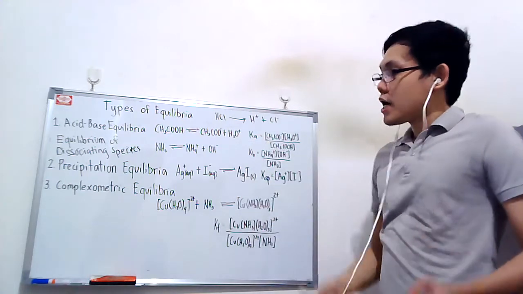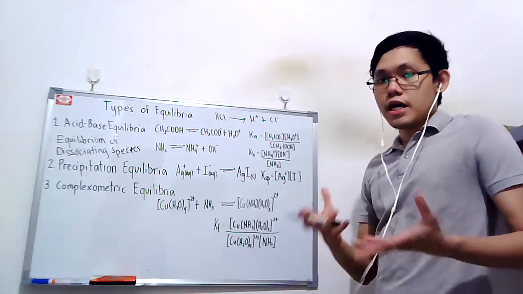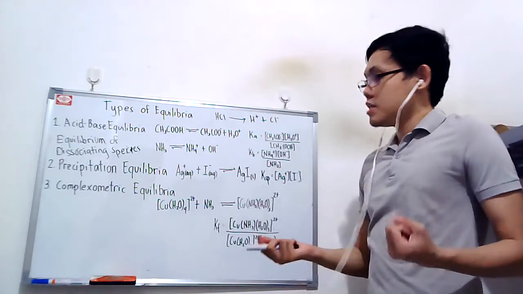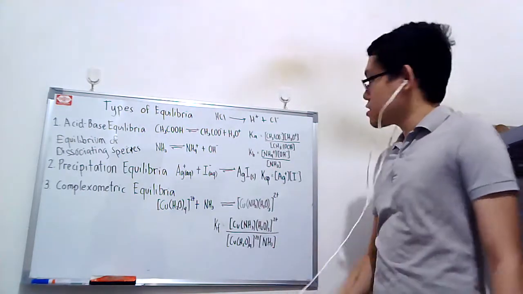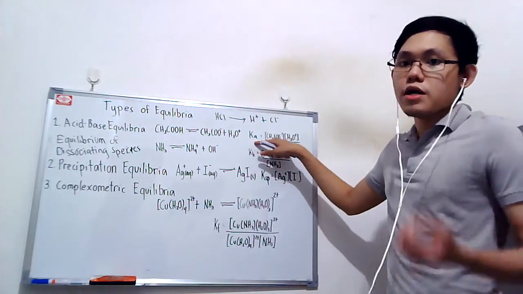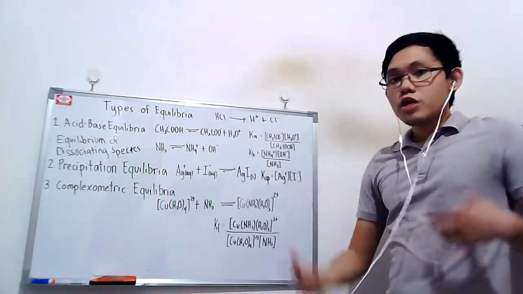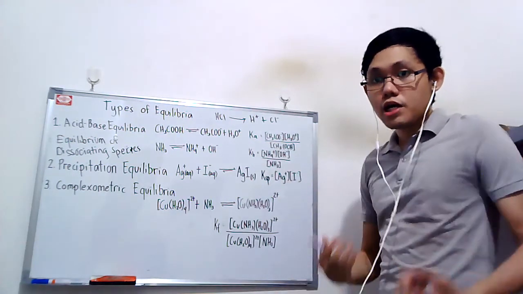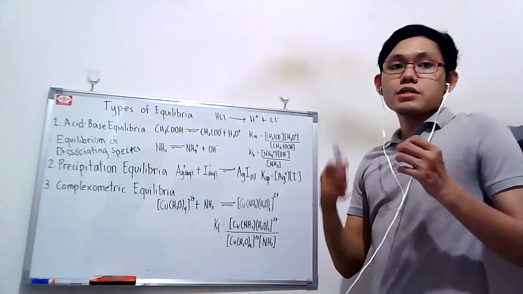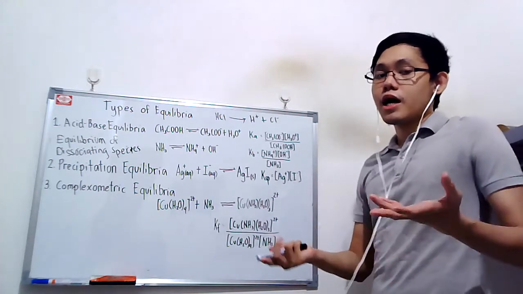Now, in this scenario, you have a constant which establishes the equilibrium between these species. So you have here Ka. Ka stands for acid dissociation constant. Itong Ka na to, pwede siya maging Ka1, Ka2, Ka3, depende sa dami ng hydrogen na pwedeng mag-dissociate.